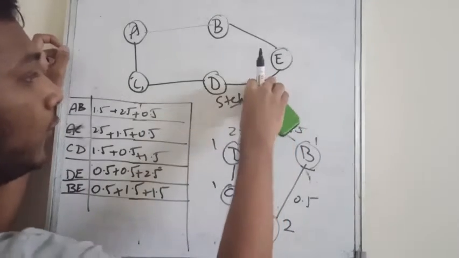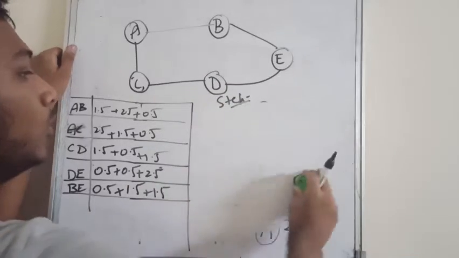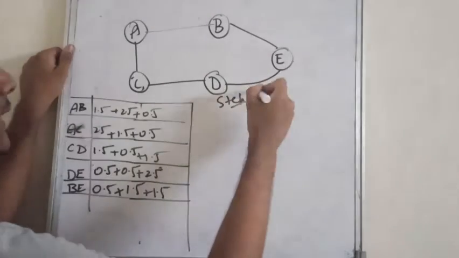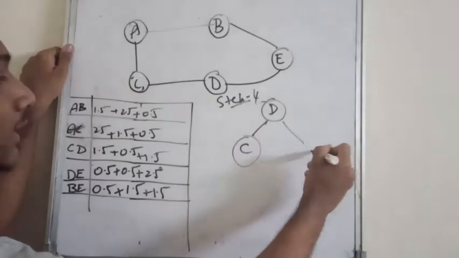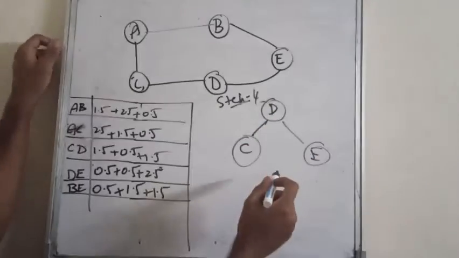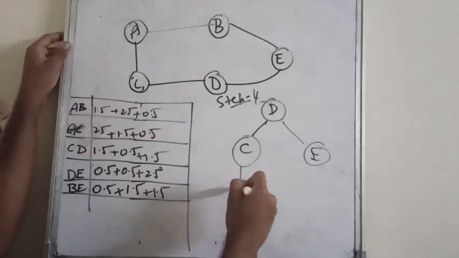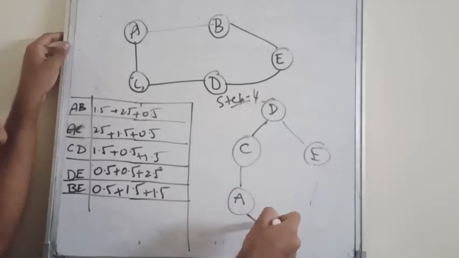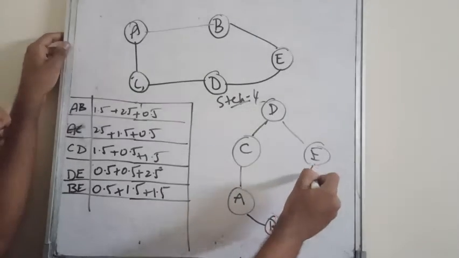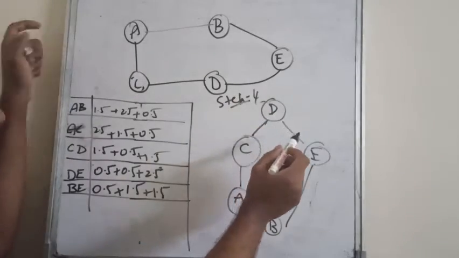Now step 4 will be our node D. D is directly connected to C, D is directly connected to E. Now C is directly connected to A, E is directly connected to A, A is directly connected to B and E is directly connected to B as well. Now what do we do?